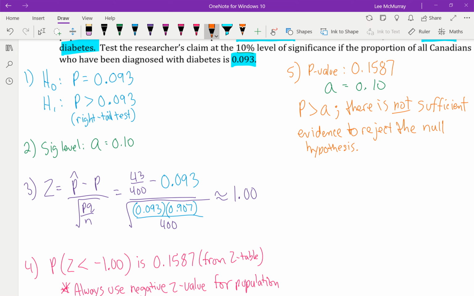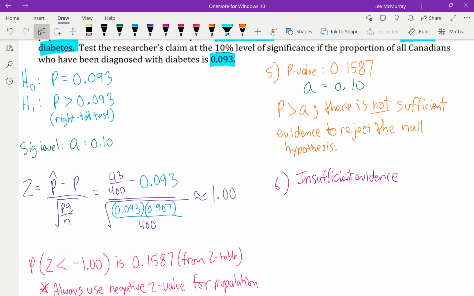Okay, so let's put that into some English here. As a result of that finding, we can say that there's insufficient evidence. So again, we can't reject the null hypothesis. And remember, the null hypothesis says that the diabetes rate for all Canadians is 0.093. So we're finding that there's insufficient evidence to reject that, to overturn that.